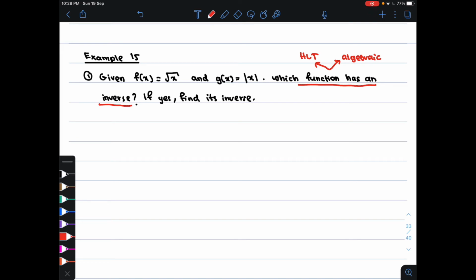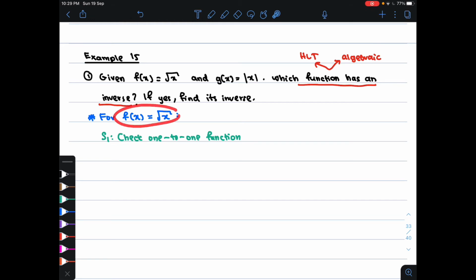And if the function does have an inverse, you need to find the inverse. So let's do for the first function, which is fx equal to square root x. The first step is to check whether it is a 1 to 1 function or not. So, kamu boleh guna horizontal line test ataupun algebraic method, and you can choose any method that is easy for you. So, say that for this one, I want to use the horizontal line test.